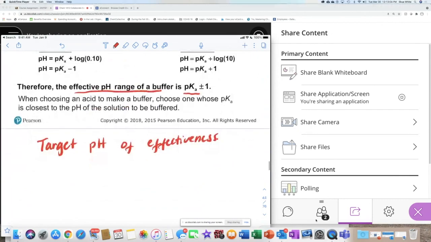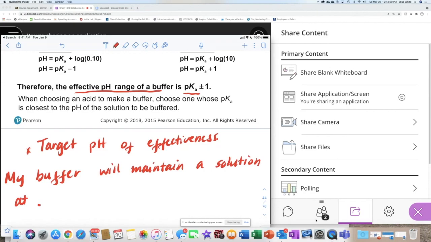Okay. In other words, you're saying my buffer, once you make your buffer, will maintain a solution at blank pH. This is your target.